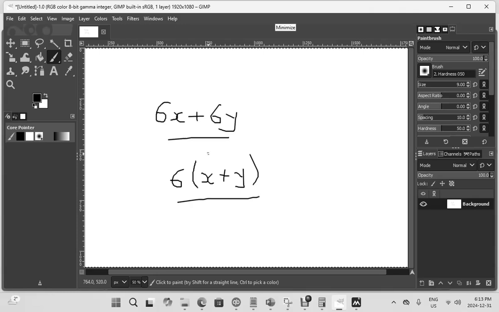If you need to find the value of x and y, it's easier this way to isolate them. So let's say 6(x plus y) equals 0, which means x plus y equals 0, so x equals negative y, for example.